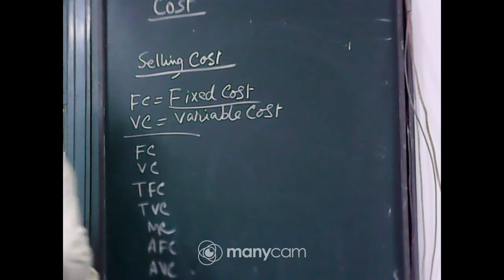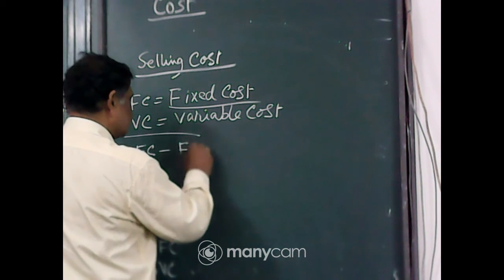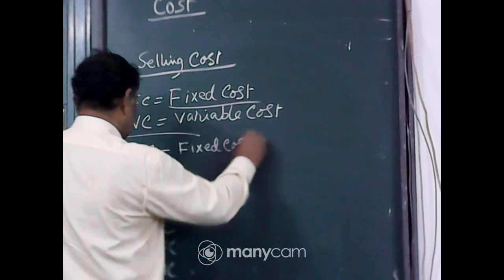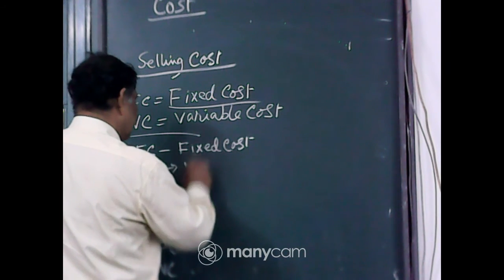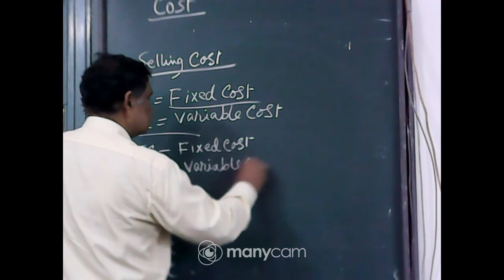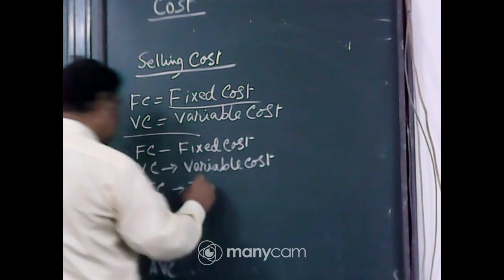All these are the concepts related with the cost. The fixed FC is called fixed cost. VC is called variable cost. TFC is called total fixed cost.